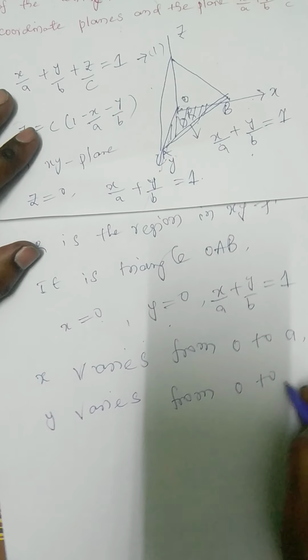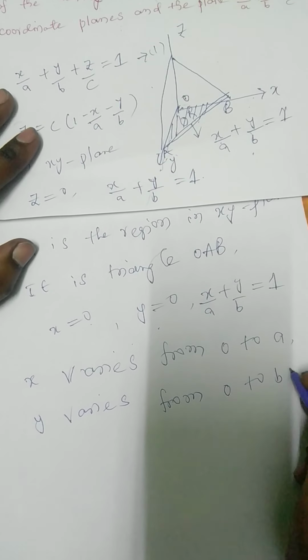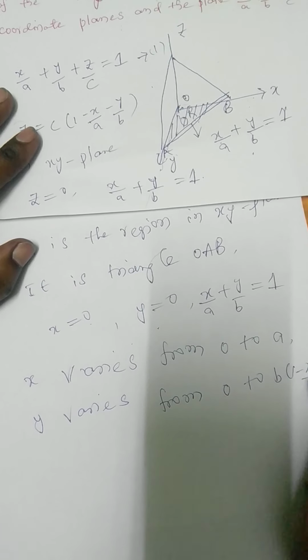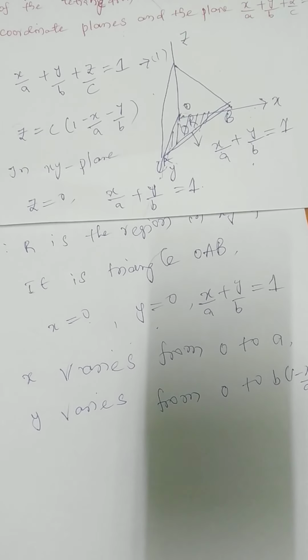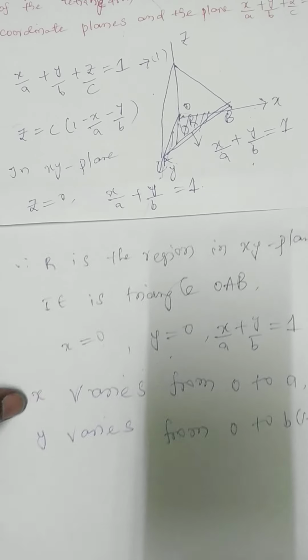So y varies from 0 to b into 1 minus x by a. Now we got the x limits as well as the y limits. Based on that we can find the volume, right?